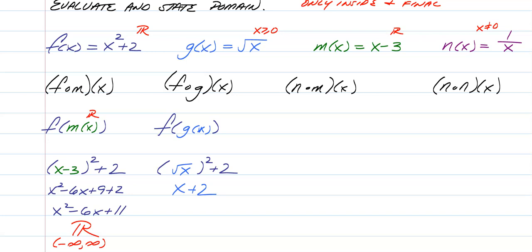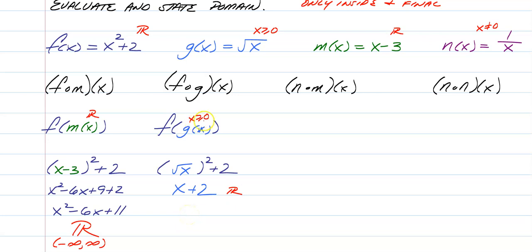Next, you have to come up with the domain of your final answer. X plus 2 is all reals. G of x, what goes inside, was originally x is greater than or equal to 0. So, what goes inside and all real numbers, you have to take the final.